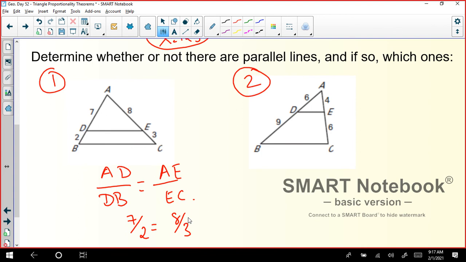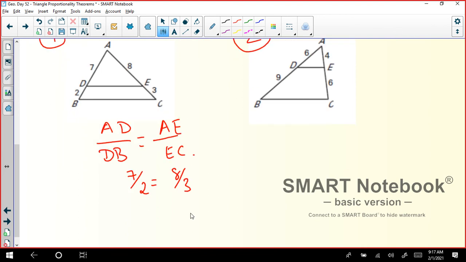Let's check. 7 over 2 is nothing but 3.5, and 8 over 3 is nothing but 2.667. This is not equal, right? 3.5 is not equal to 2.667. So therefore, not parallel.